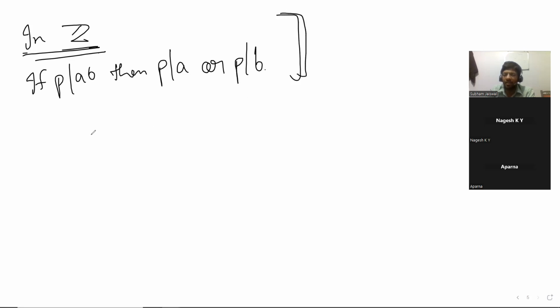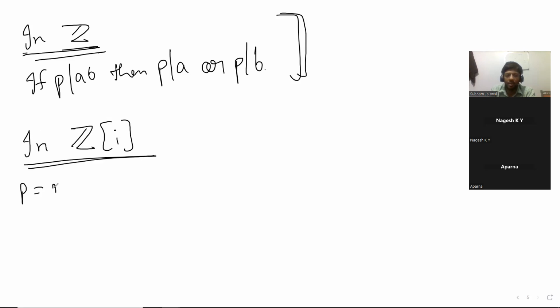Can we prove the same thing in Zi? In Zi also we want to prove the same thing. So let P equal to some m plus in be a prime. We know what that means.